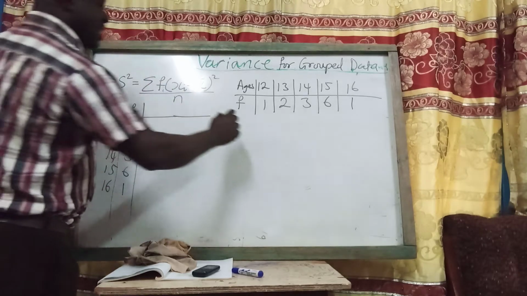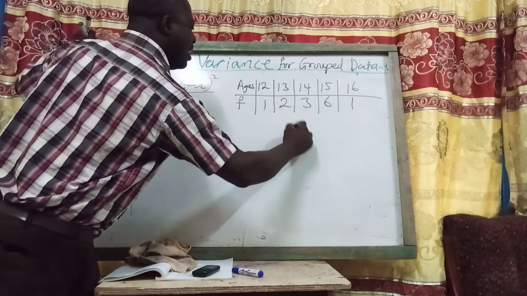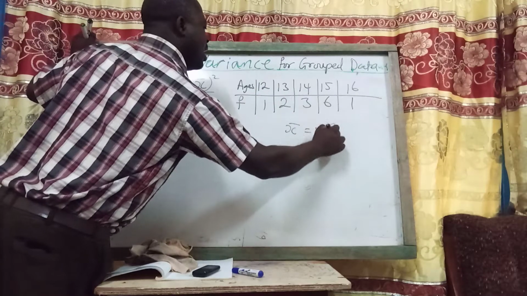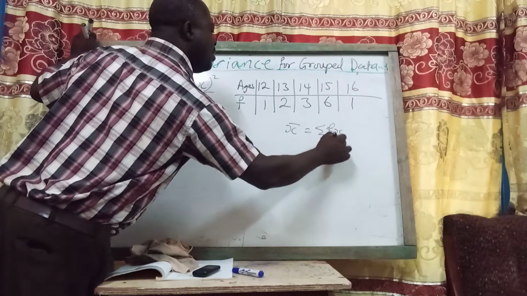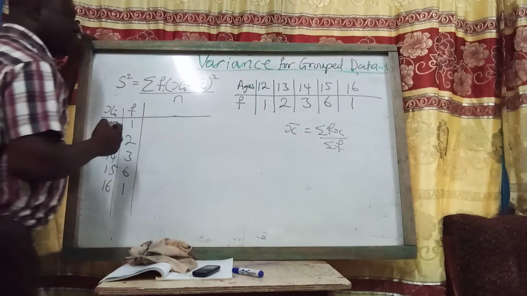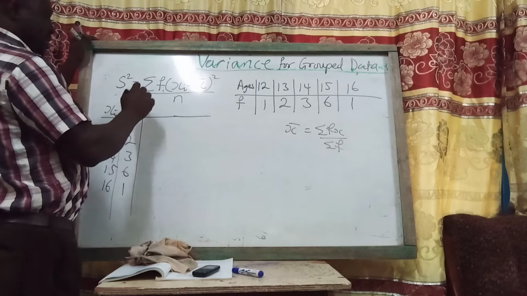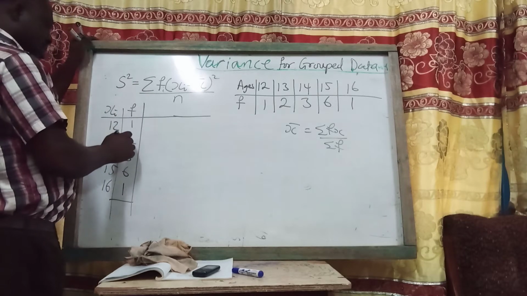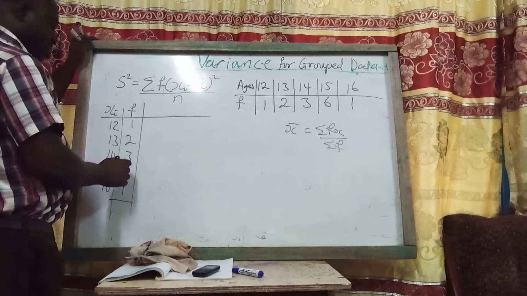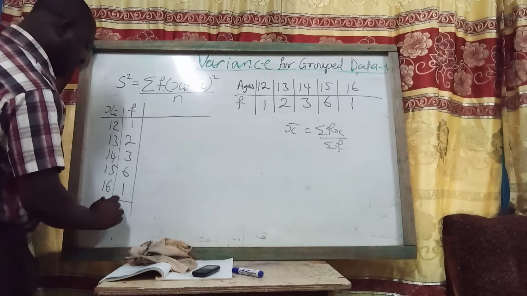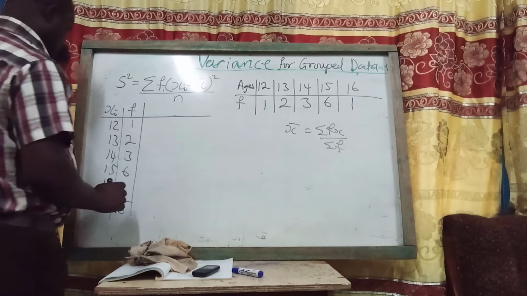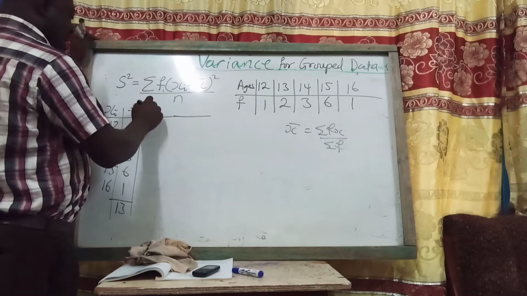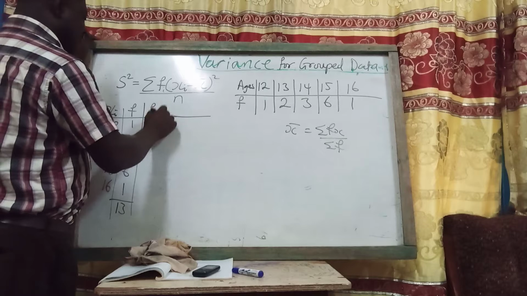To find the mean, x bar is summation fx over summation f. So let's look at summation f. When we sum all this, what do we get? 3, 6, 12, 13. Now let's look at fixi.